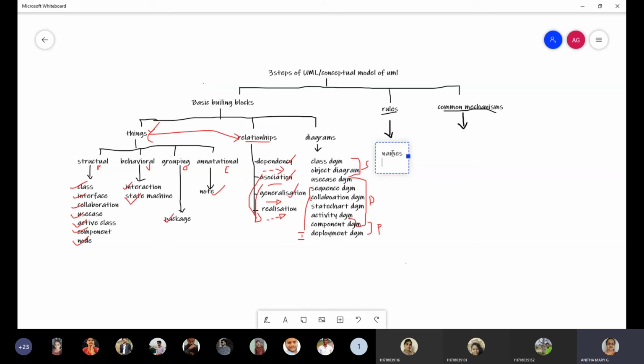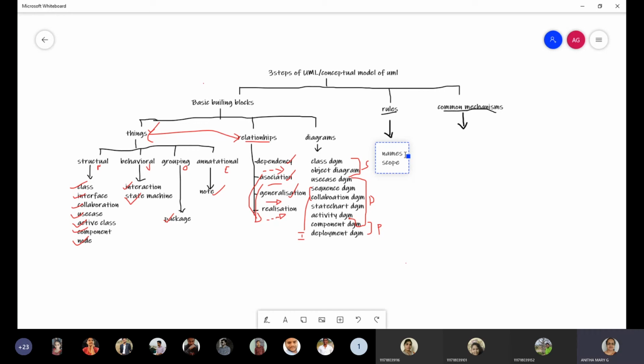Again, I repeat, what we call things, relationships and diagrams are nothing but names. The second rule is scope.